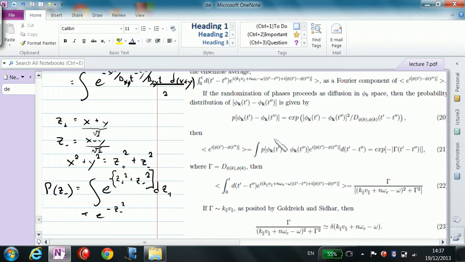If you insert e to the minus phi prime minus phi double prime... No, it's without the minus. Square, what? It's without the minus. Where? I'm reading it from here and I don't see a minus here. No, there should be a minus. Why?